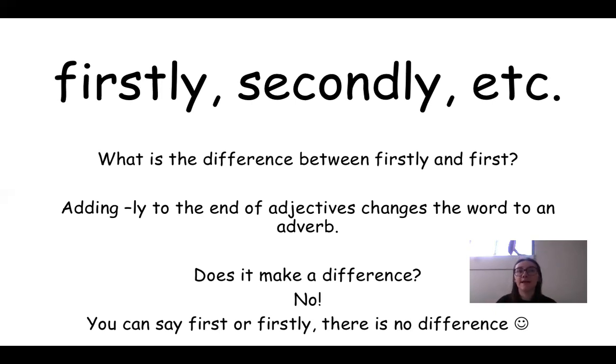But if somebody said walk calmly, they put an ly at the end, they're describing the action, the verb walk calmly. So that's the difference between an adjective and an adverb, and that's what this ly does to words most of the time in English: it changes an adjective to an adverb.